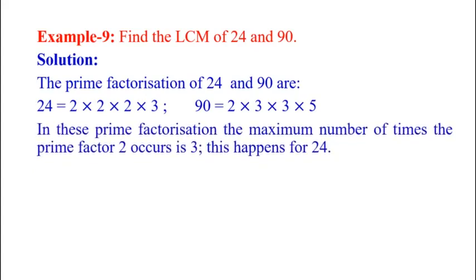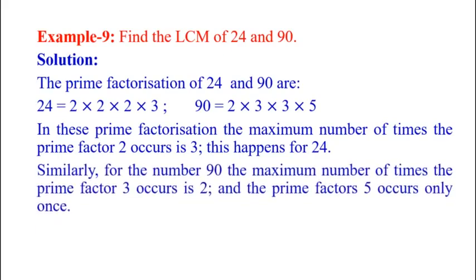In this prime factorization, the maximum number of times the prime factor 2 occurs is 3, and this happens for 24. Similarly, for the number 90, the maximum number of times the prime factor 3 occurs is 2 and the prime factor 5 occurs only once. So we have to take each factor, but we will take the maximum number of times it occurs.